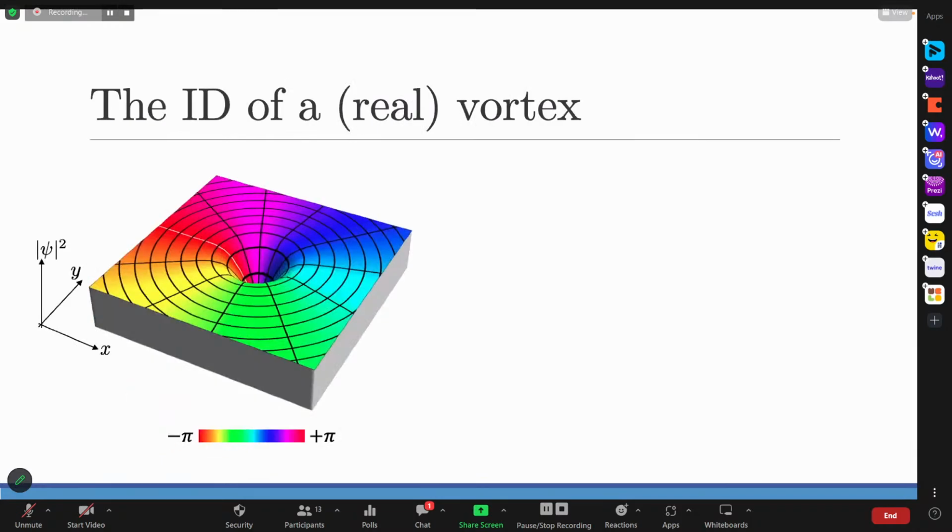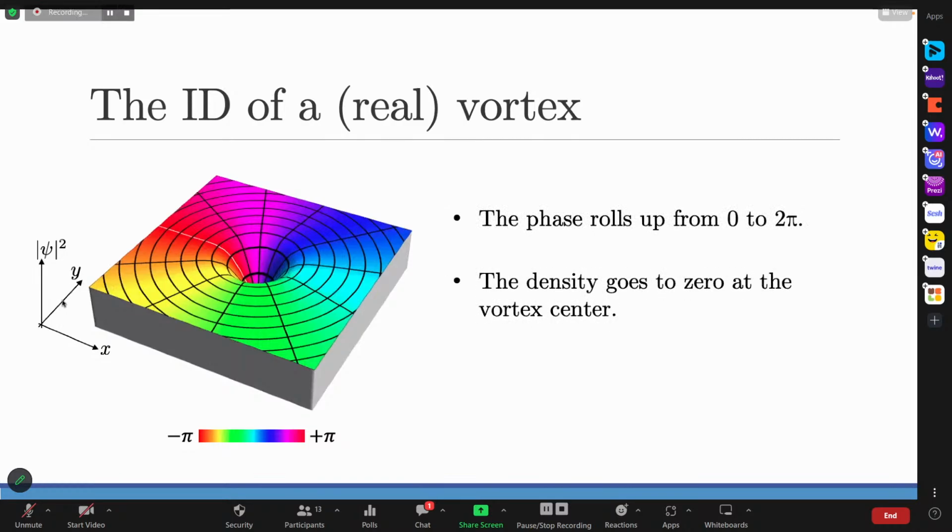The idea of a usual, real vortex is the following. You have a wave function, in this case defined in 2 dimensions, characterized by a square modulus and a phase. Typically, the phase rolls up from 0 to 2π, and the density goes to 0 at the vortex center.